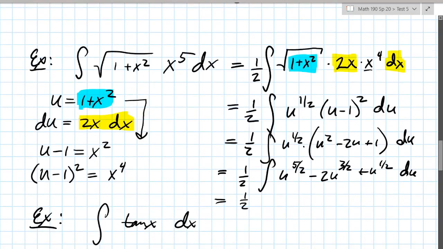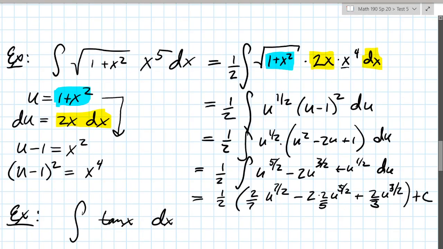We have our 1/2 times u to the 7/2, times 2/7, minus 2 u to the 5/2 times 2/5, plus u to the 3/2, times 2/3.